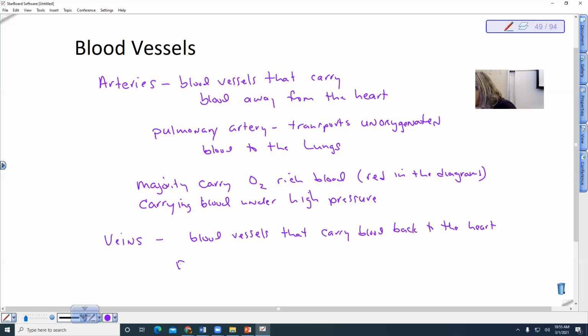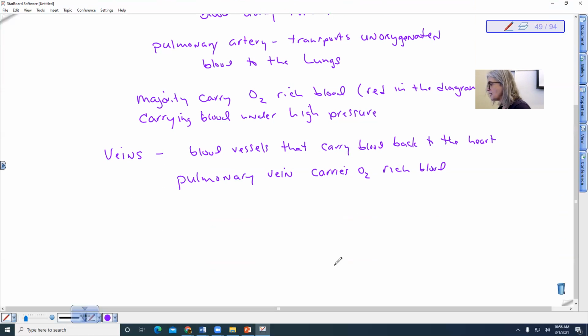So the pulmonary vein transports O2 rich blood, as does the umbilical vein. And it is carrying blood under low pressure.